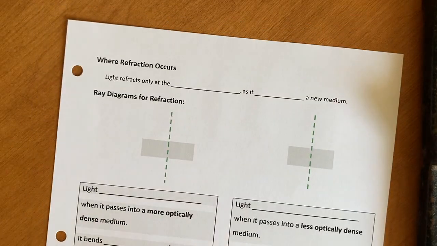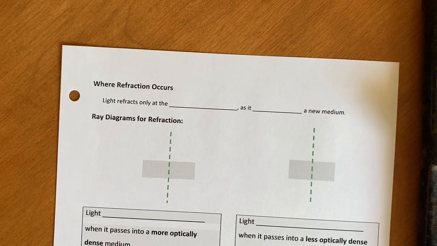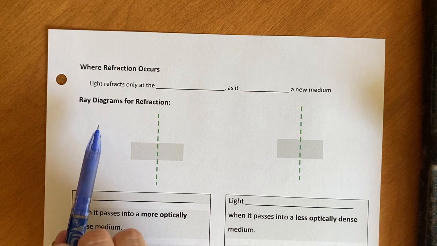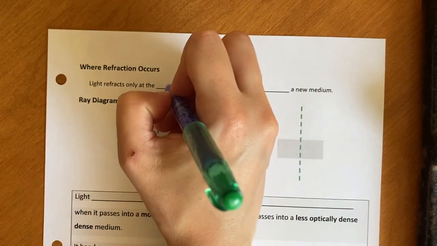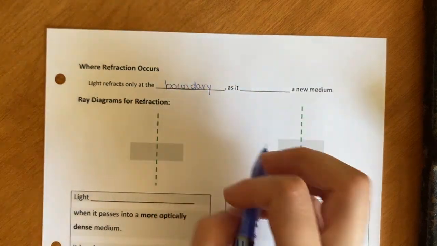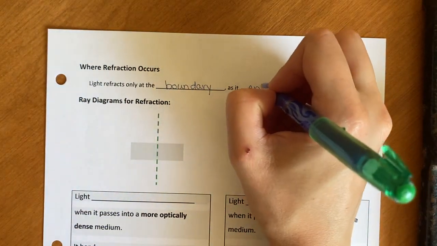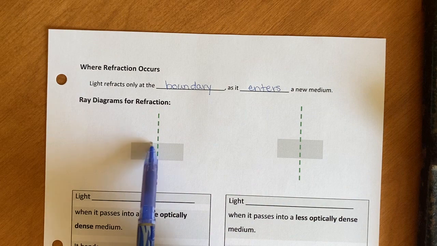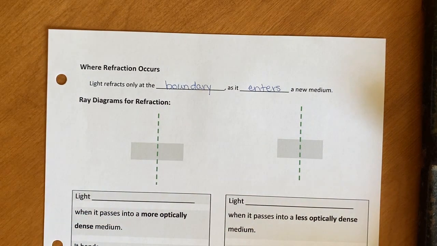So the final piece here, when we're looking at refraction, is that light refracts only at the boundary, as it enters a new medium. So it's not going to continue to change and bend throughout the medium. The change is instantaneous at the surface, like that exact moment where you switch from one medium to another, and then it's going to travel in a straight line again.